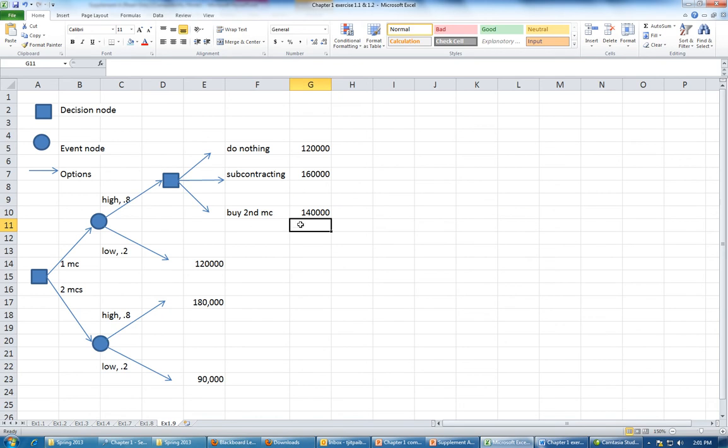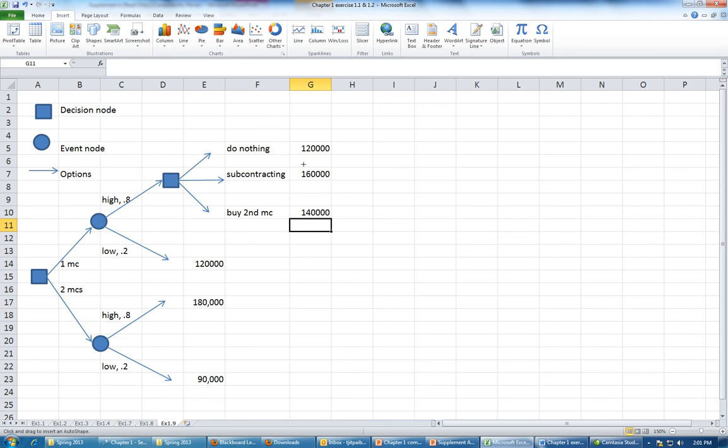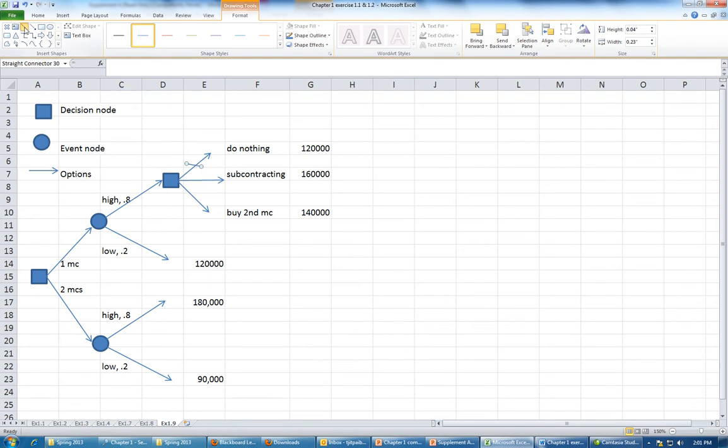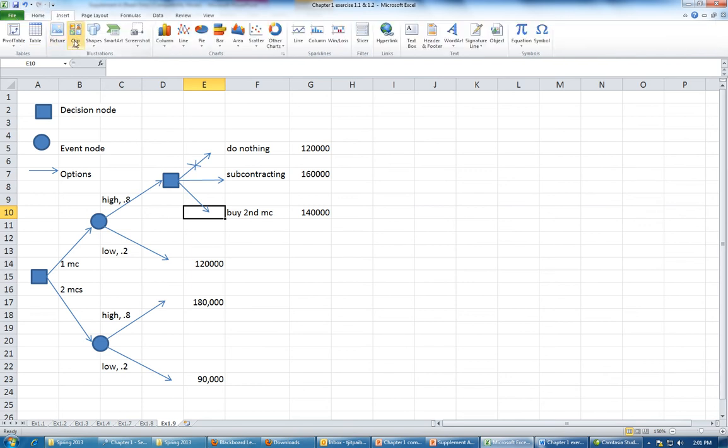Now, when you draw a tree, you draw from left to right. When you make a decision, you go from right to left. So the first decision to make is over here. So we're going to cross out the lower options, because that one is the highest.